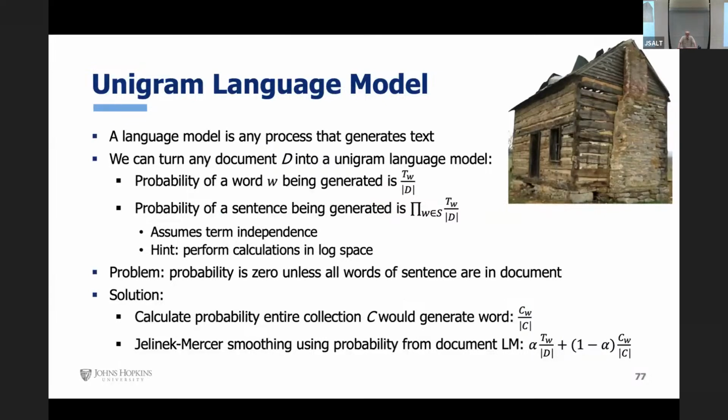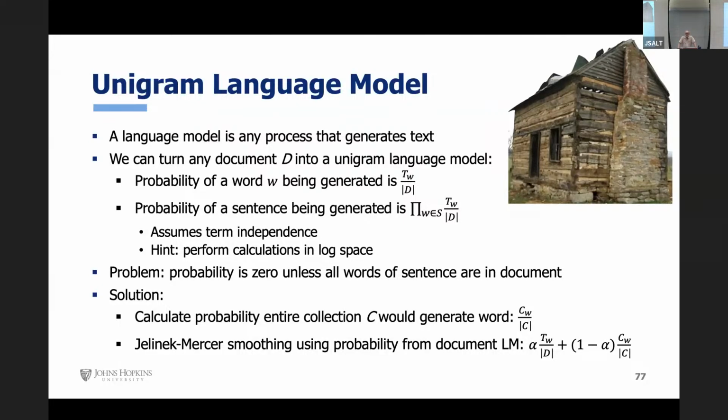Now, there are similarity metrics that are based on language models. So we'll talk about unigram language models. A language model is just any model that generates text, and a unigram language model is basically generating all the words individually.